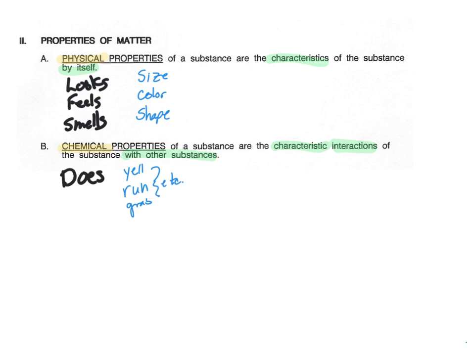Now let's go into a little more detail about each of these. So the physical properties of a substance are characteristics of the substance by itself. That means that we can look at something and describe it. So we can say it's yellow, it's large, it's small, it's shiny, it's dull. Those things are physical properties where we just look at it directly and describe it. Some physical properties have to be measured, so we might take a ruler and measure how big something is.